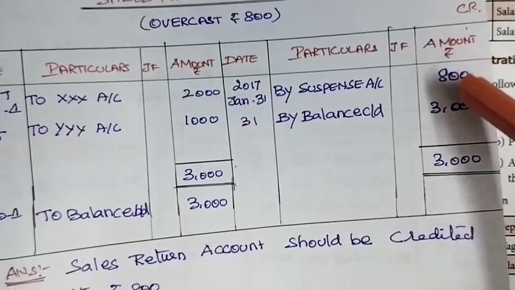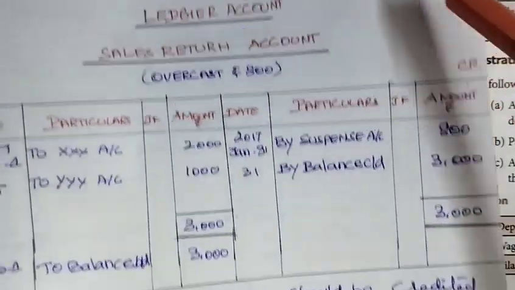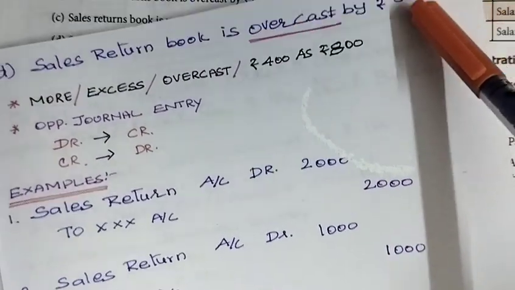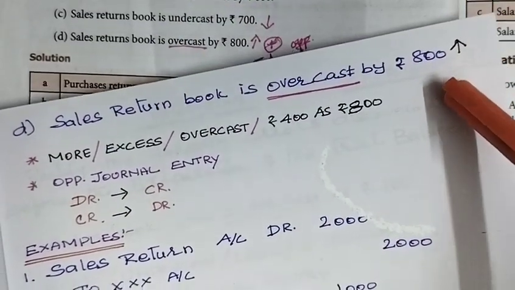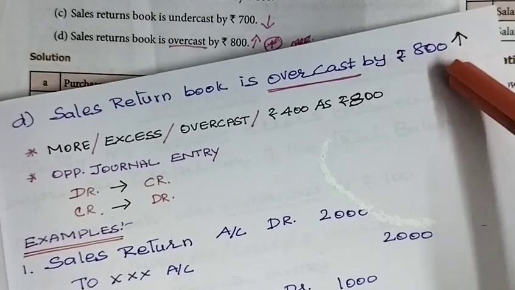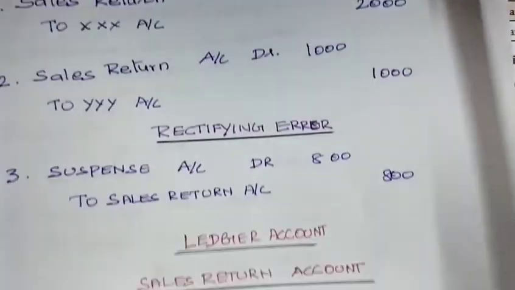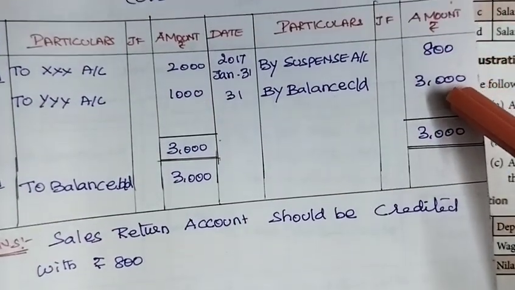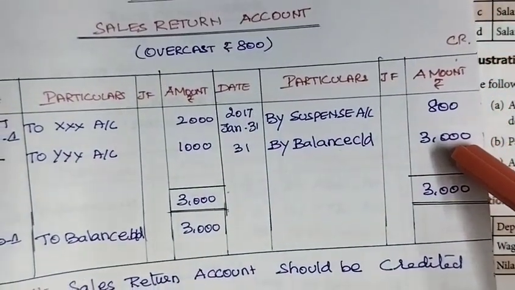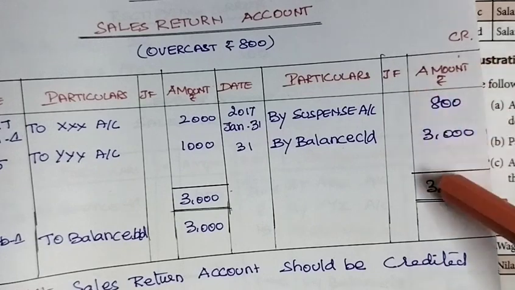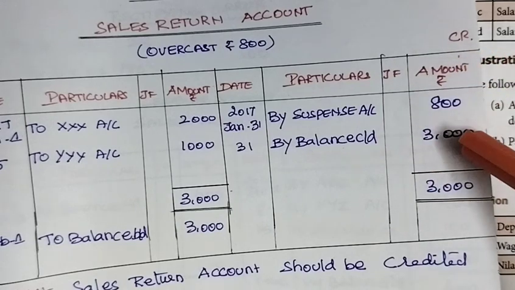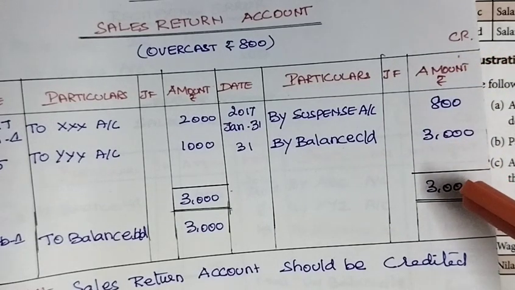Now what we have to do? It shows 800 rupees increased. So how do you rectify? We have to subtract that 800 rupees on the sales return account. So now everything will be changed. Now we have to subtract that 800 rupees from the total. How do you get?